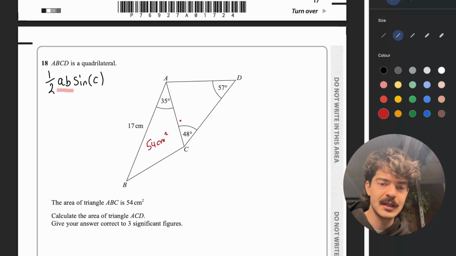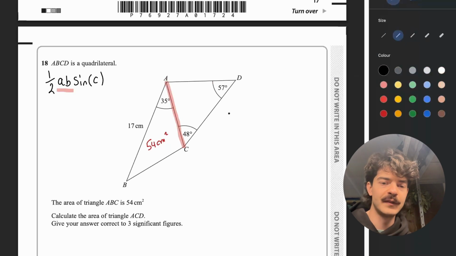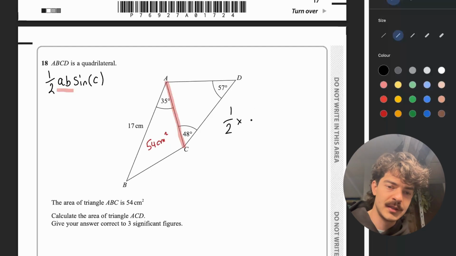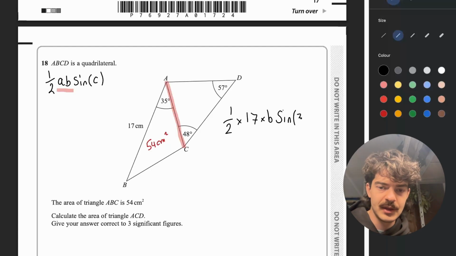We'll call this one C, which means that the other side length must be this one. So we can figure out this side length here by using the formula, a half times 17 times some unknown. Let's keep it as B in this case, length B, sine of 35 equals 54.